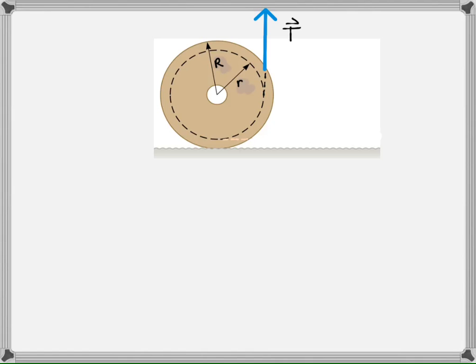How? Good question. If you think the ground has no friction, a frictionless surface, okay? When you pull the string up, in which direction will it rotate? It will rotate in this direction, right? But we want to prevent this rotation, right? And the friction must be in this direction.